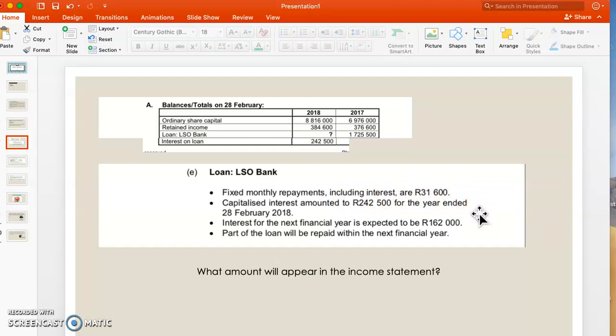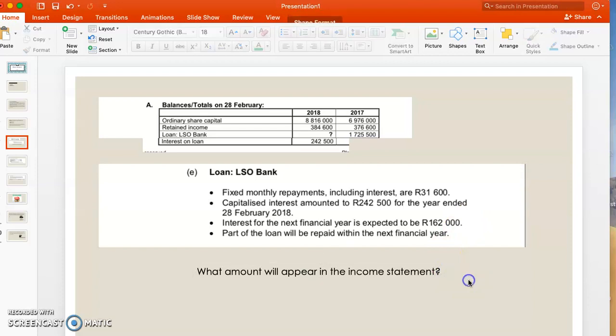Capitalized interest amounted to 242,500 Rand for the year ended. Interest of the next financial year is expected to be 162,000 Rand, and part of the loan will be repaid within the next financial year.